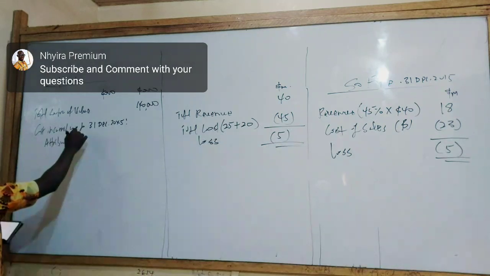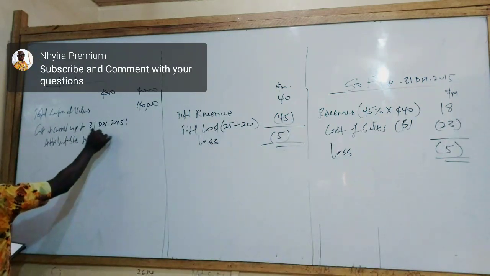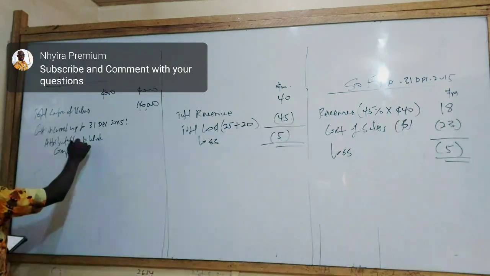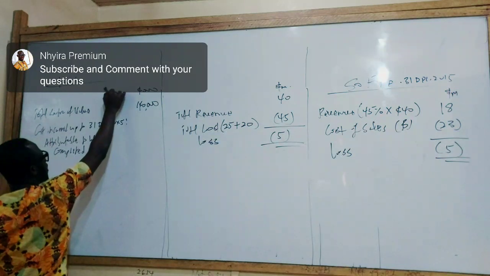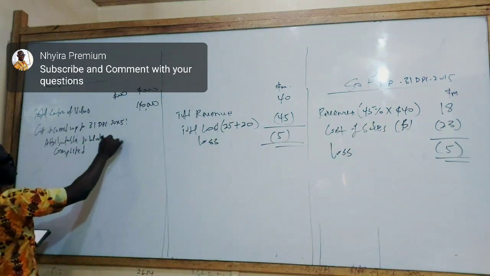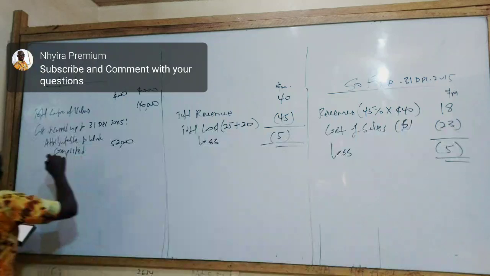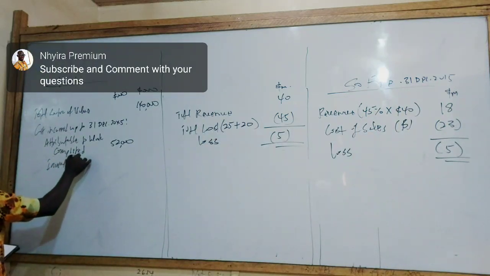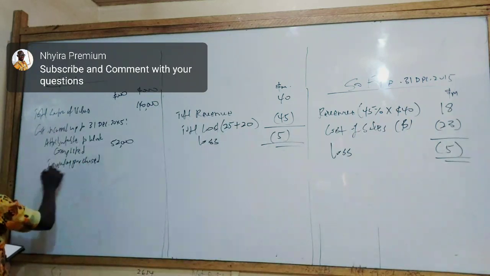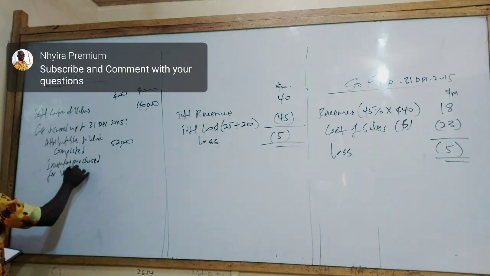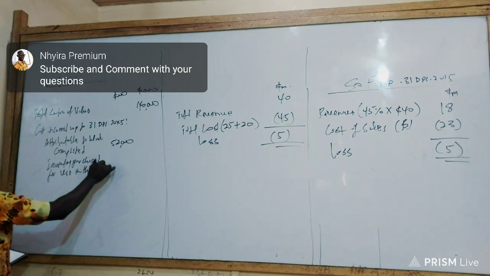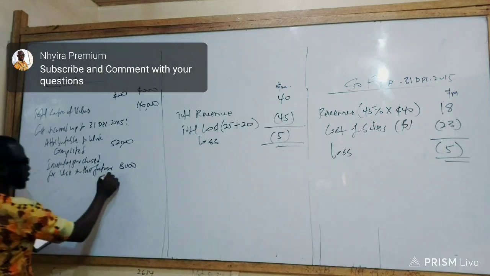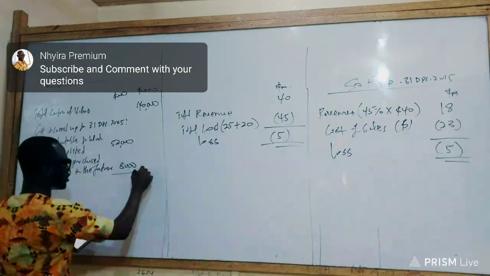Attributable to work completed, and that is 52,000. Then inventory purchased for use in the future, that's 8,000. And so that gives us a total of 60,000.